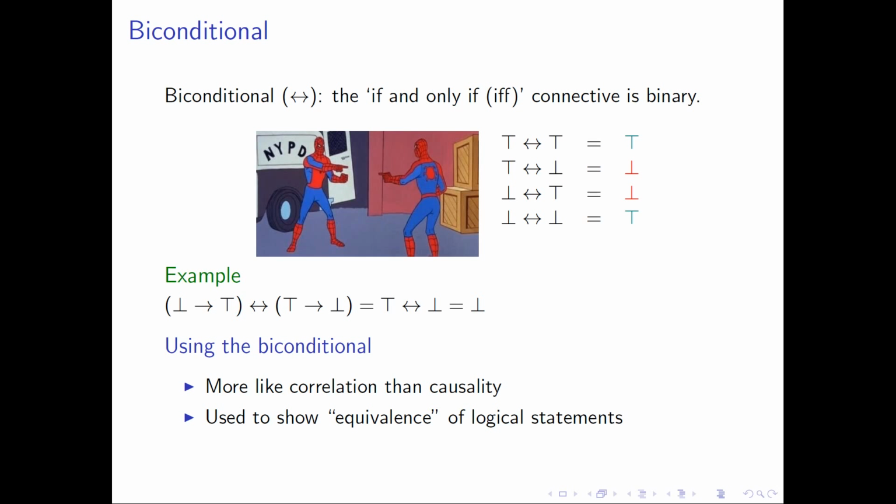Because if this is true, both left-hand side and right-hand side are true, but it's a NAND, so it's false. So in this case, it's false. In this case, it's false. If P is false, then we're fine. Why? Well, if P is false and P is false, then this thing is true.